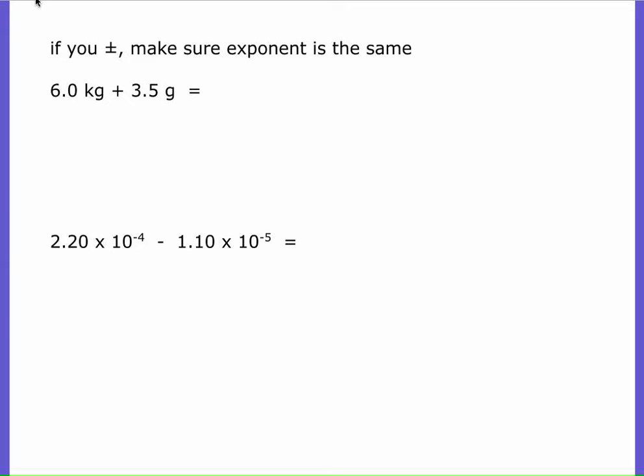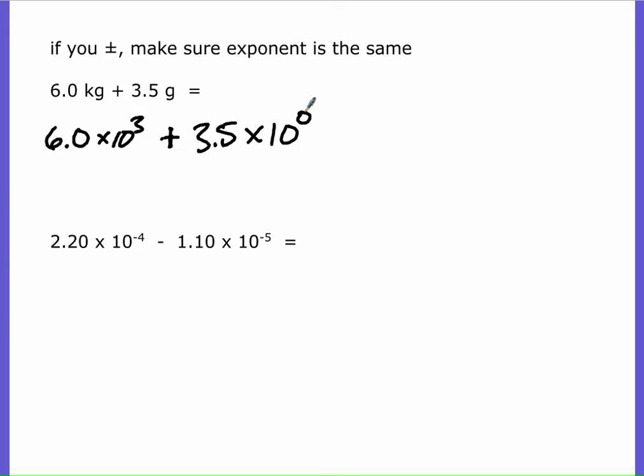Now I'm going to rewrite that in scientific notation to just put this into context, right? 6.0 kilograms could be written as 6.0 times 10 to the third power, right? And that 3.5 grams then would be 3.5 times 10 to the 0 power.